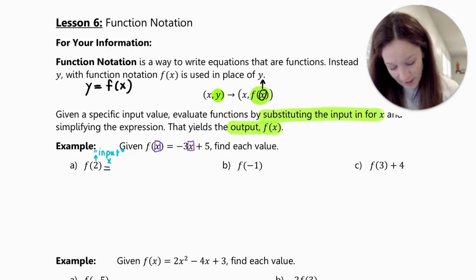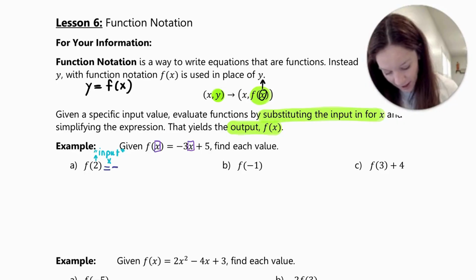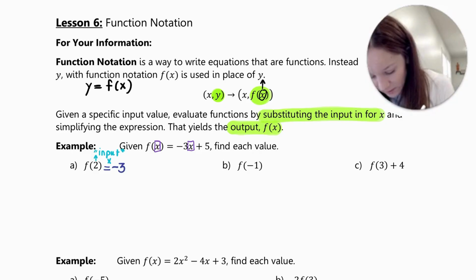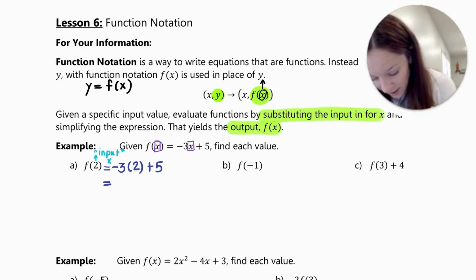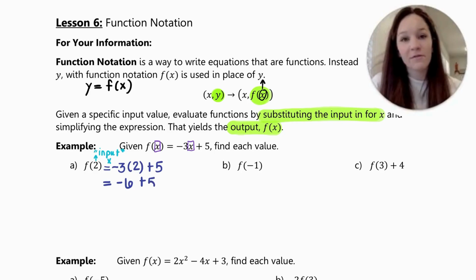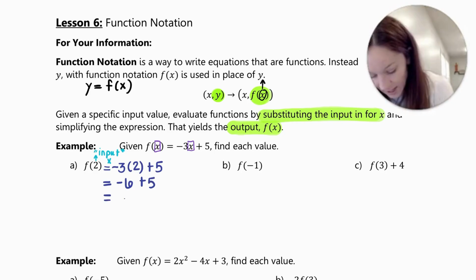So what this is going to look like is we say, okay, f of 2 equals, and then we keep that negative 3. We're substituting in 2 for x, and that's going to be glued together with multiplication, and then we copy everything else down, plus 5. And then from there, we're just simplifying that expression on the right. Negative 3 times 2 gives us negative 6.